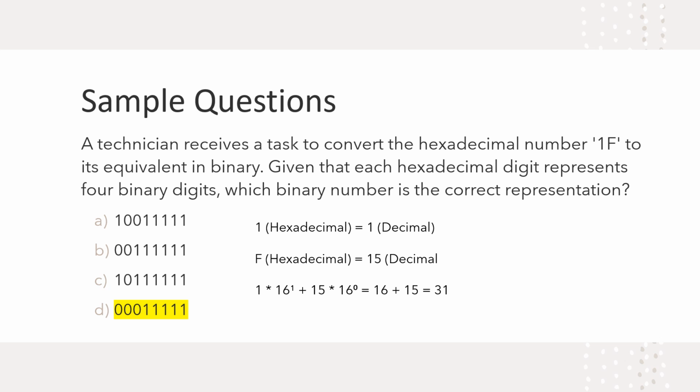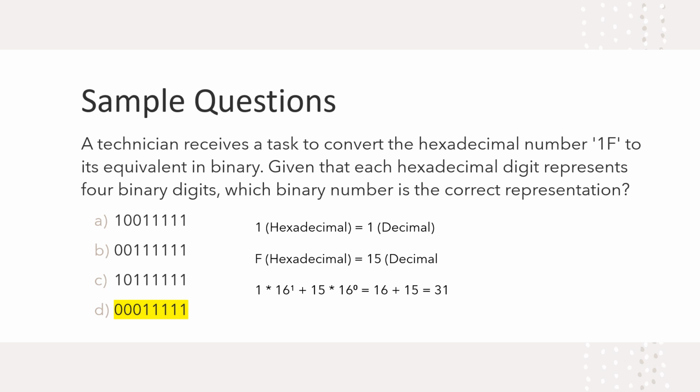So if we know 1 in hexadecimal equals 1 in decimal, and F in hexadecimal equals 15 in decimal, we can take the 1F and we know that we're going to start with the 1. We know that F in hexadecimal is equal to 15.